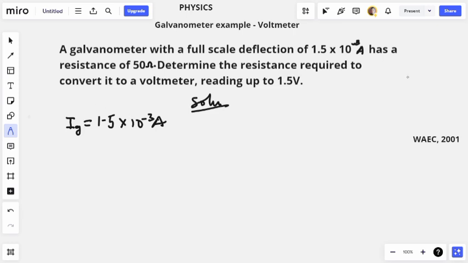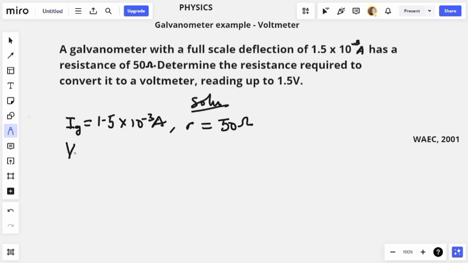The next one has a resistance of 50 ohms. That resistance is the galvanometer internal resistance represented by small letter r equals 50 ohms.